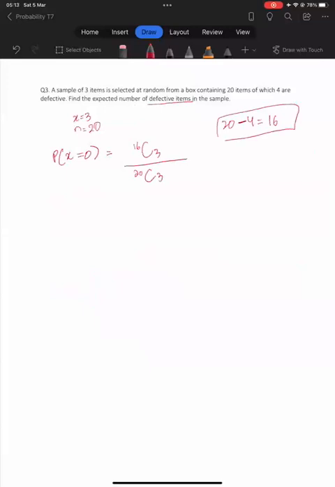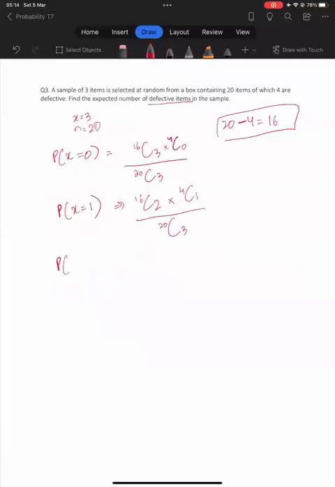And then we have to pick 0 defective, so this is this. And then we have that out of the 3 we picked, only one is defective, which is that we picked 2 from the 16 that were non-defective, and then 1 from the 4 defective, and the total, any 3 picked from 20, is in the denominator.